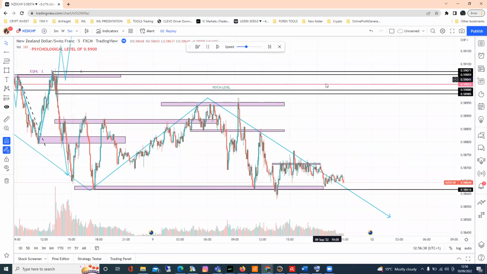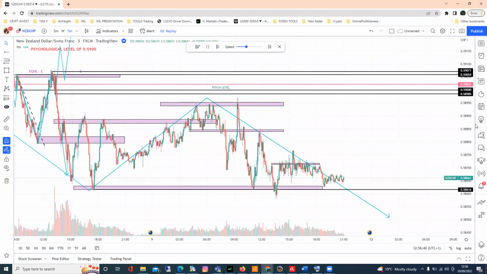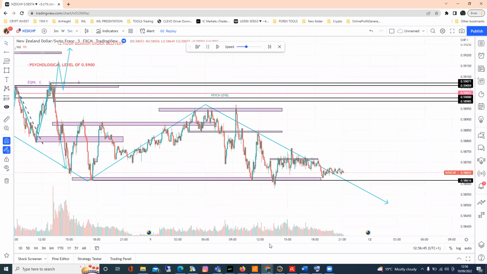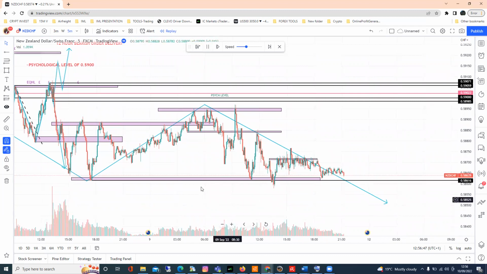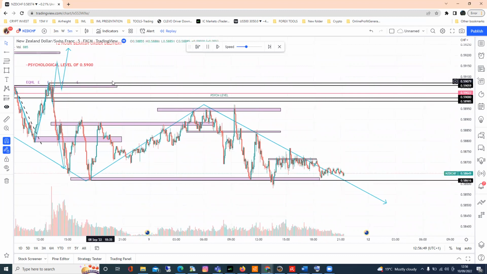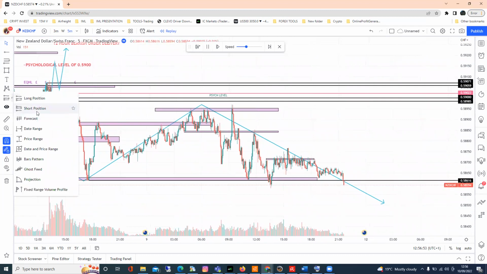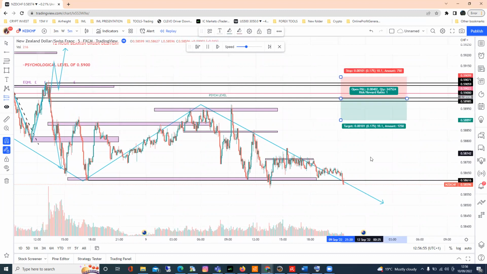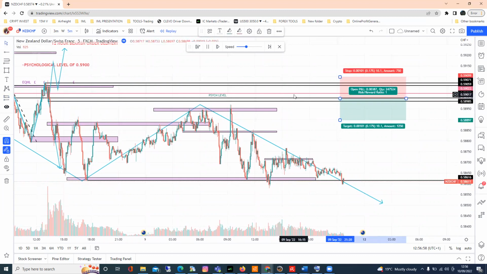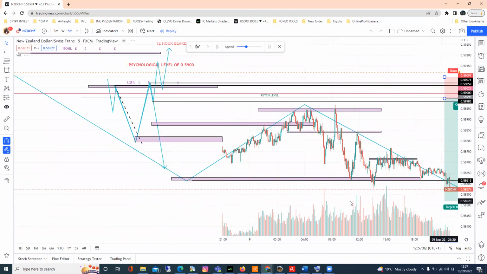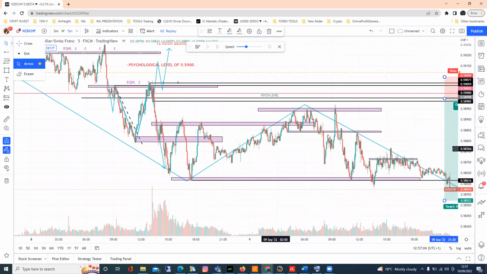Come here and we find rejection, and then we continue to the downside as the market progresses. So our key opportunity for shorts that will make sense will be anything from this area, and we can take advantage of price going further down.